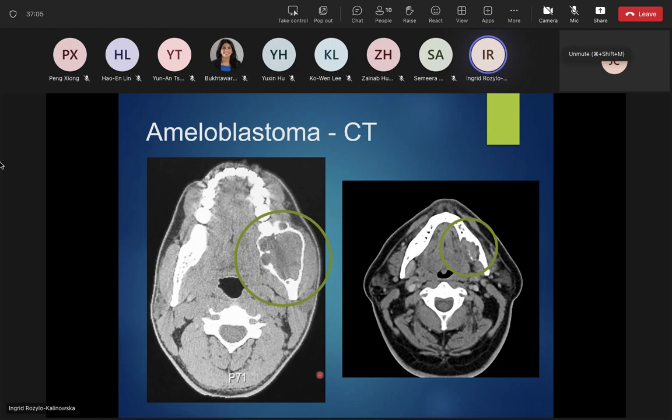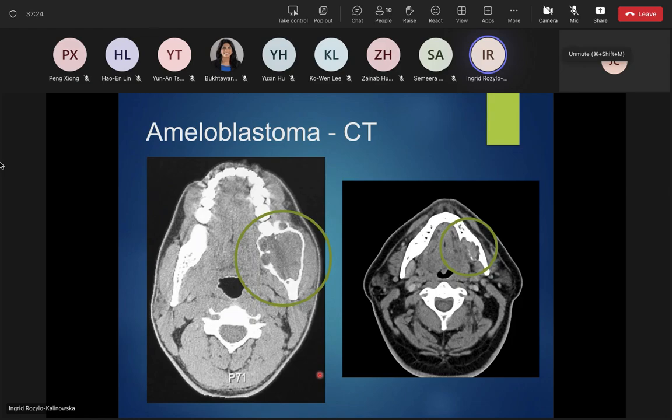Well, the benign tumors are not so very well vascularized mostly, so they will not enhance as intensely as the tumors of malignant origin.